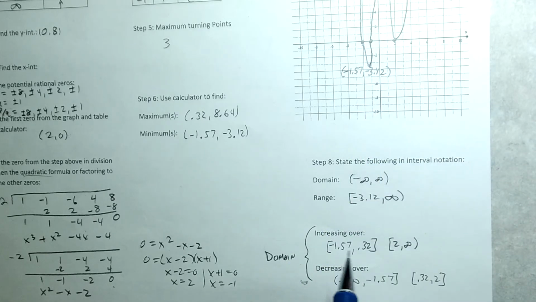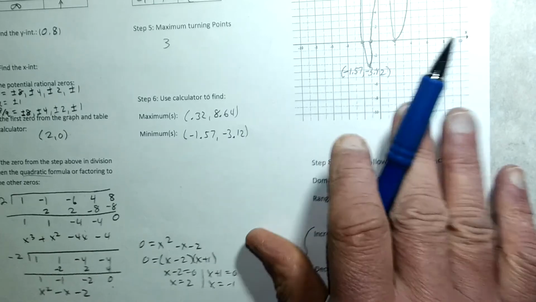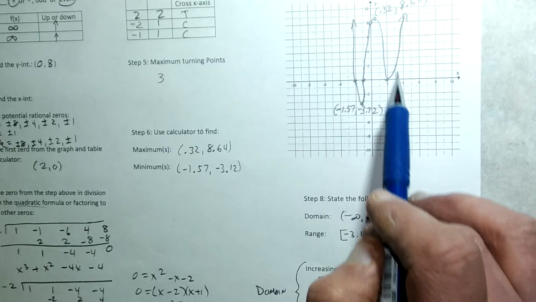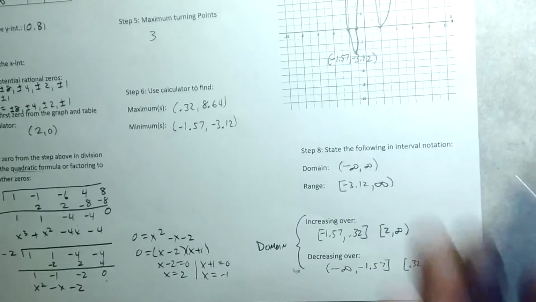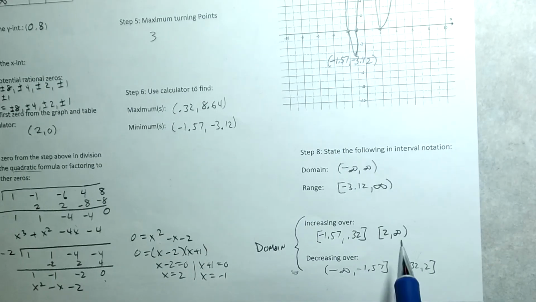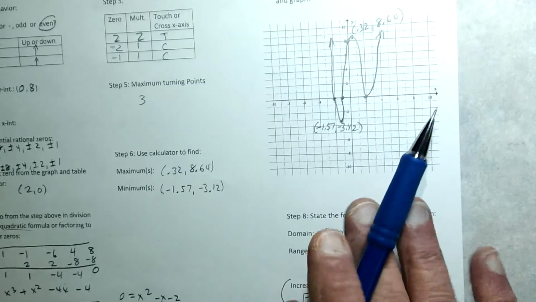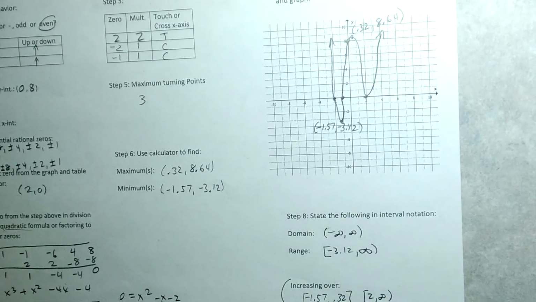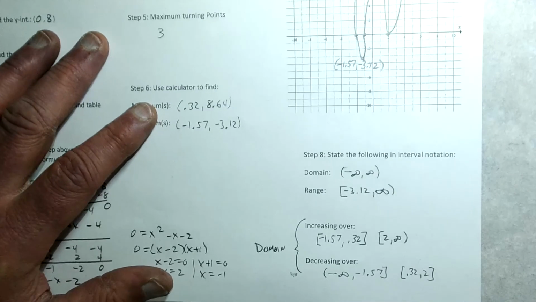Then from 0.32 to 2, which would be this right here, it decreased. So we have this segment right here. And then from 2 to infinity, which would be this last piece, it increased. And that made up negative infinity to infinity for our overall domain.